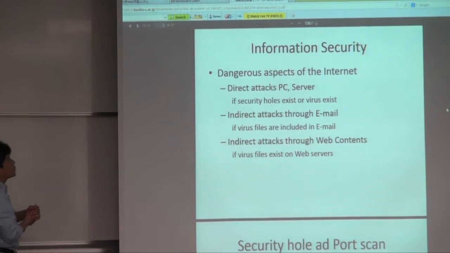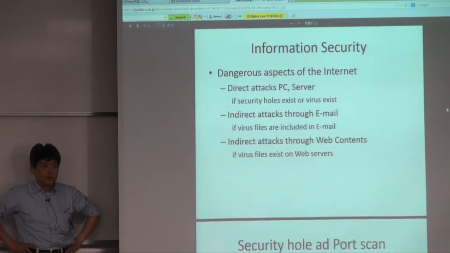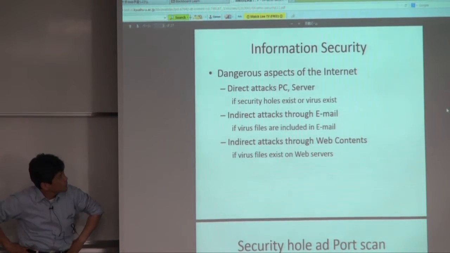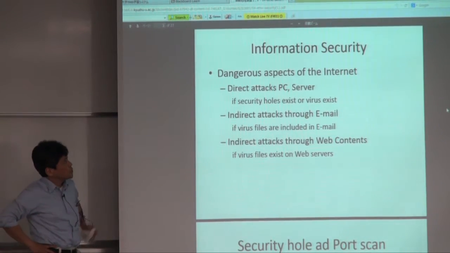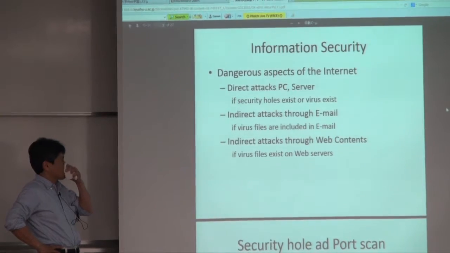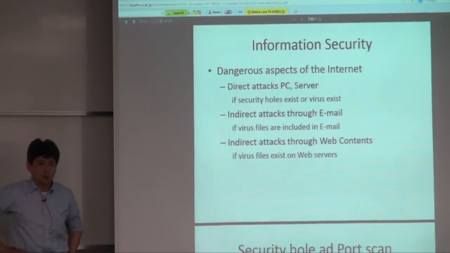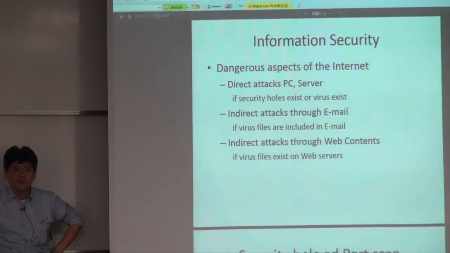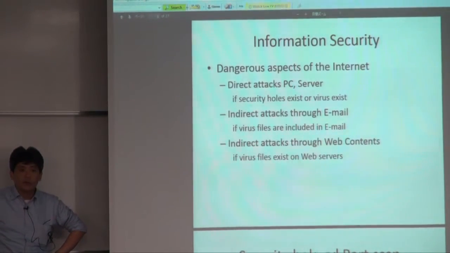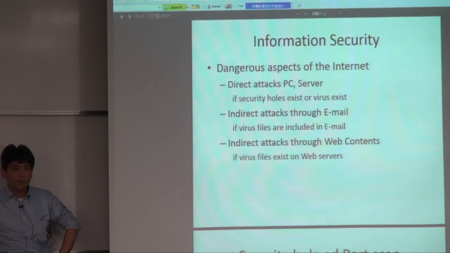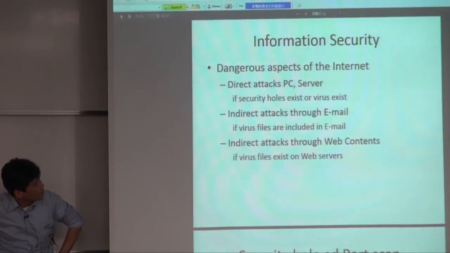There are several types of dangerous aspects. As shown here, direct attacks to the PC or server PC, especially if a security hole exists on such a PC or server. The meaning of the security hole I will explain later. Next page.